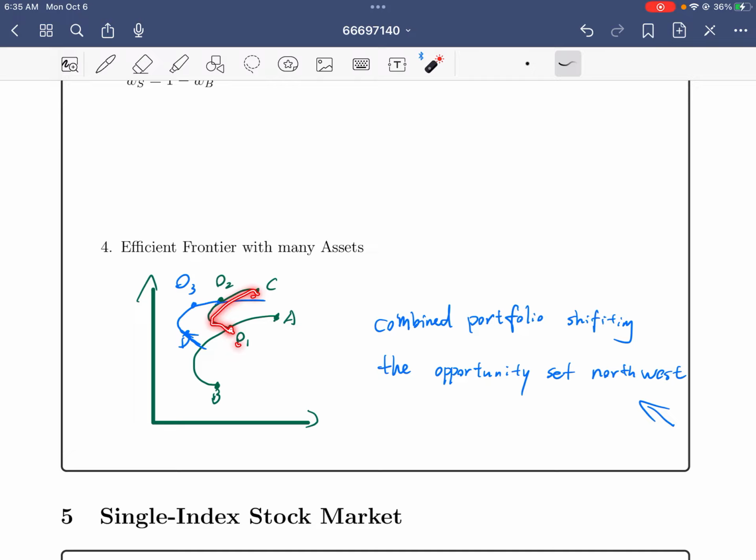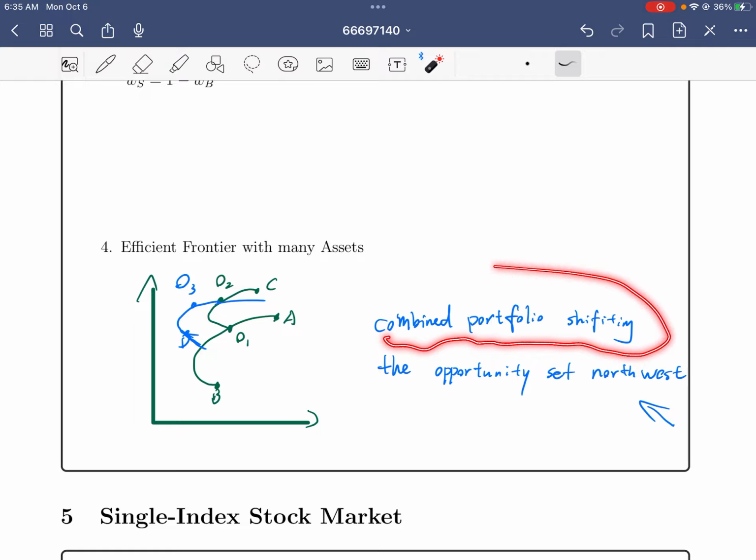After we connect the first optimal point and the stock C, we can find another new optimal point. Suppose we have another point to the left of our efficient frontier. We can connect that to get a new efficient frontier.